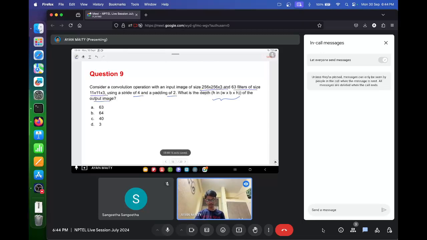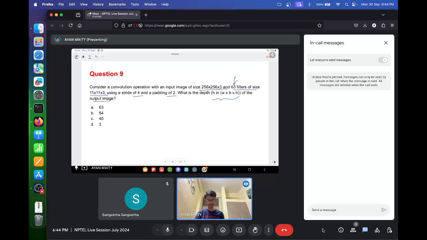So the depth of the output image depends only on the number of filters used in that convolution operation. The width and height of the output image depend on many other values like the input image size, the filter size, padding, stride, etc. But the depth only depends on the number of filters used.